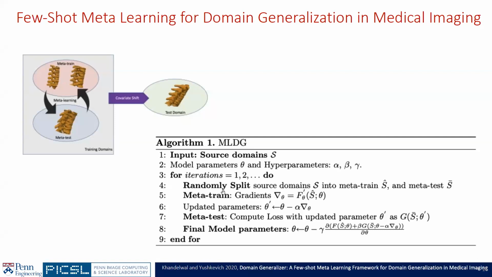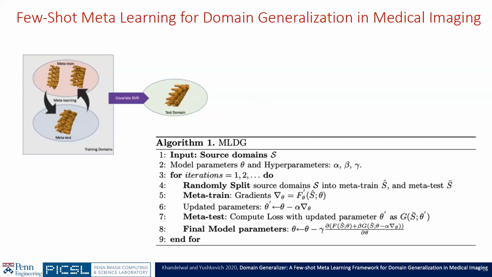And this time, since it's a random split, my three domains can interchange between meta train and meta test. So now these two can become meta train, and this could be my meta test. And then you keep on switching that. So everything is getting jumbled up, and there is some kind of priors going on between different domains. And the hope here is, well, they show it in the paper mathematically, why this gives invariant features.